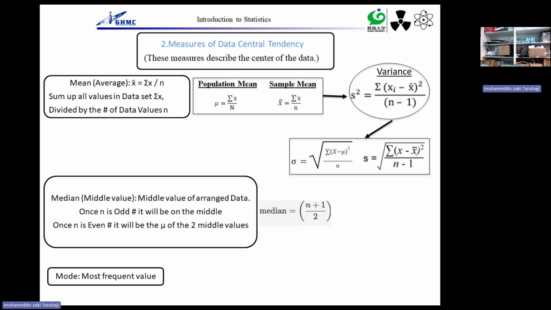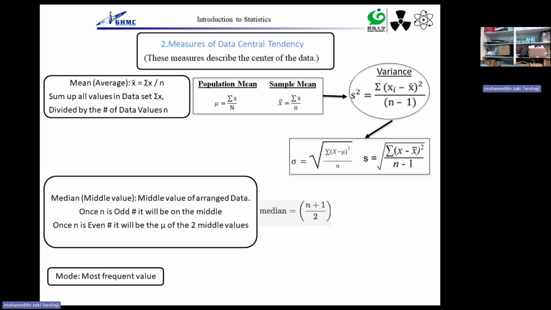So for the IQR, if the number of values is odd, the middle one is my Q2. Q2 is my median. Then we have the lower half, Q1, and the upper half, Q3.